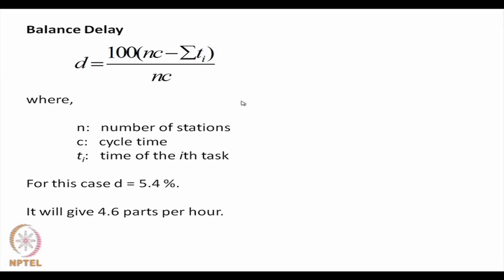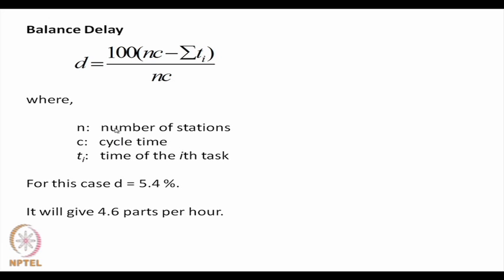Therefore, we normally define a term called balance delay and define it in this fashion, that it is 100 into (N C minus summation T i) by N C, where N is the number of stations, in this case 3, C is the cycle time. The cycle time we have got is 13 minutes.